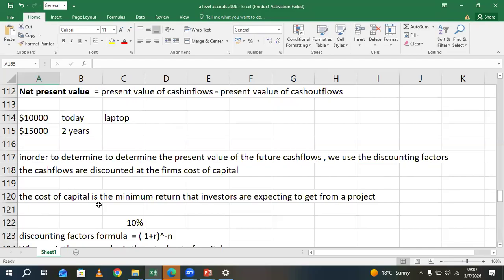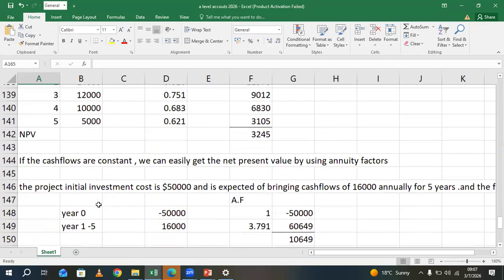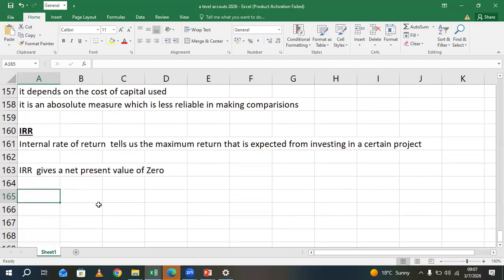If the cost is 10%, we cannot accept any investment which has a return less than 10%. Then we come to IRR and we say this is the maximum return we're expecting.